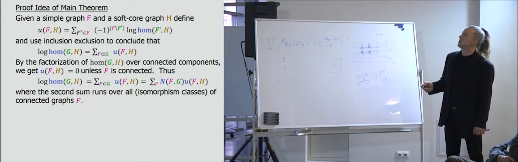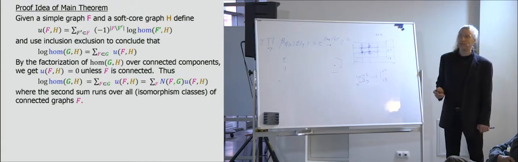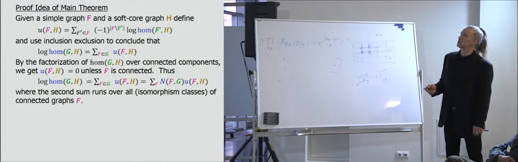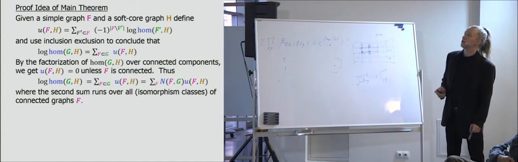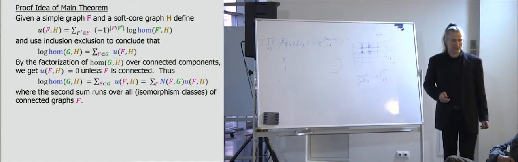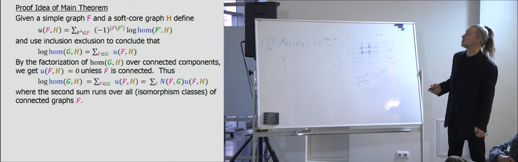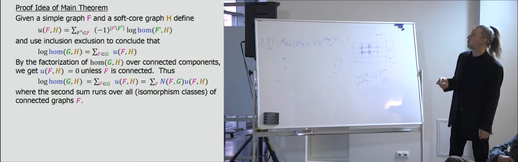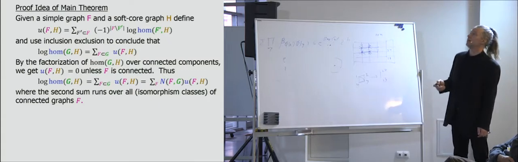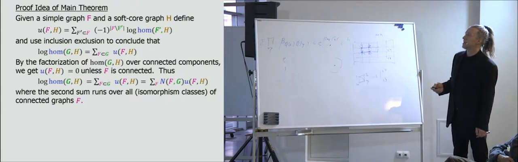And then if you look at these minus signs, you will see that this quantity is just 0 if your graph f is not connected. That's an easy calculation. And so what does this give? Now we have that this log hom can be written as a sum over f subset g, where f now is connected.